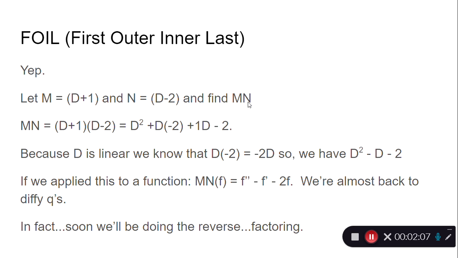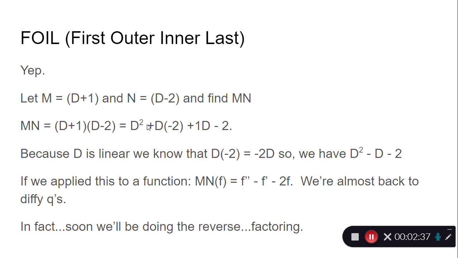Before we can use this sort of stuff in chapter 4 to solve differential equations, we have to see how differential equations are just linear differential operators applied to functions. So we've been doing some of this multiplication. If you have D plus a constant times D plus a constant, these things will commute. Let's do this out: D plus 1 times D minus 2.